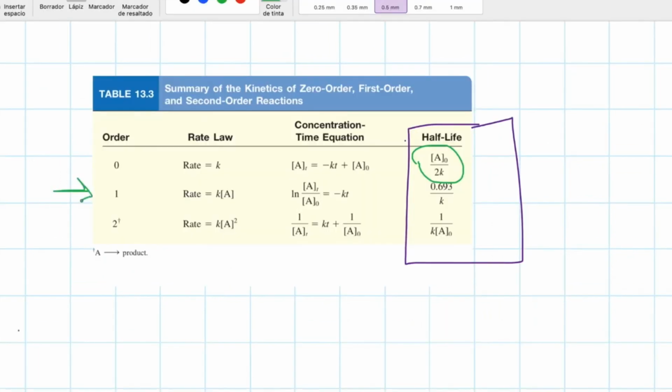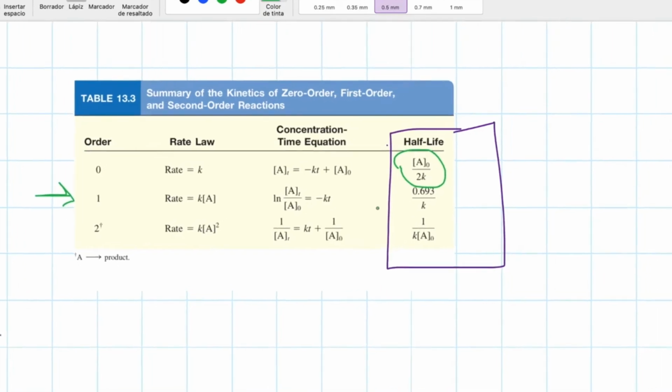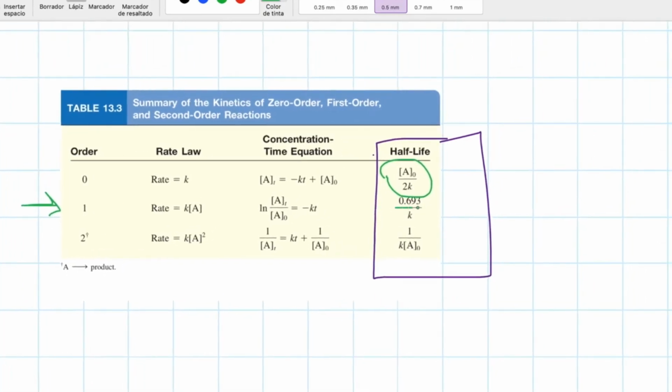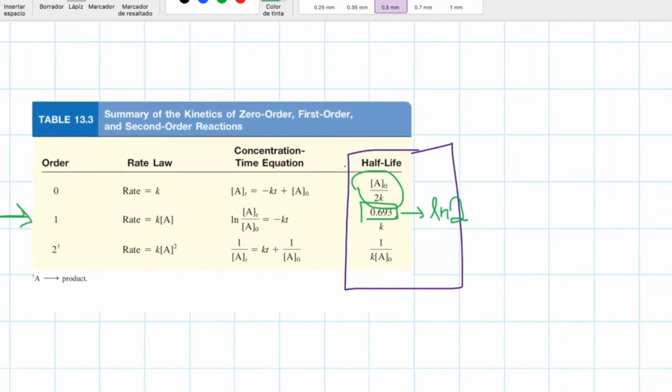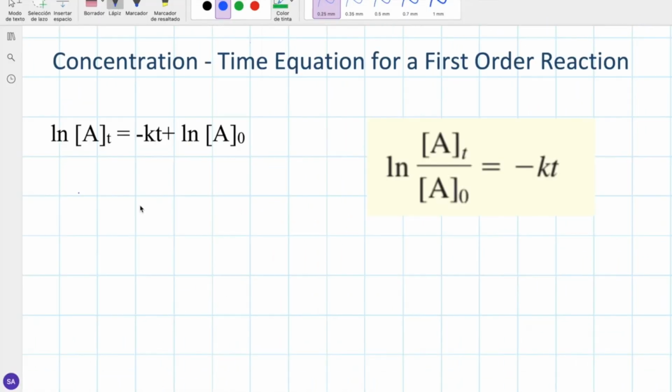So now we're going to work on the first order reaction. This is our concentration time equation. This numerator is going to be the same as ln of 2. You can do it in your calculator and you'll get this number. Here we have our concentration time equation for the first order reaction. As we can see, we have two different formulas, but actually they are the same.